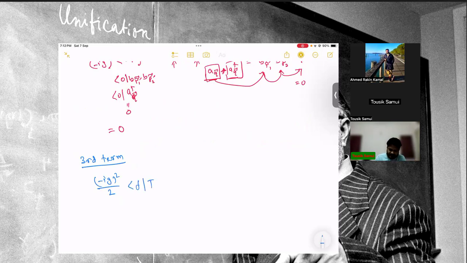So I have time ordering, then d4x1 d4x2, then psi I dagger x1, phi x1, and then we have psi dagger x2, psi I x2, phi x2.